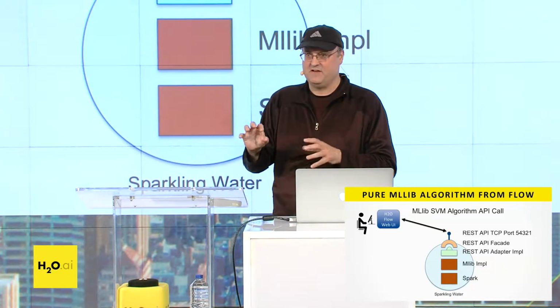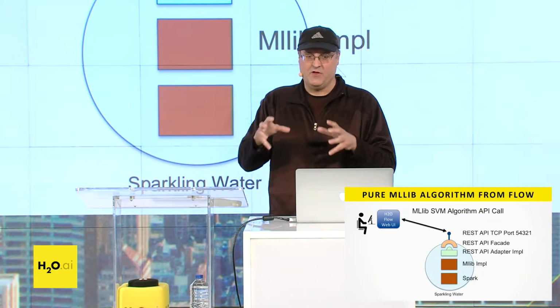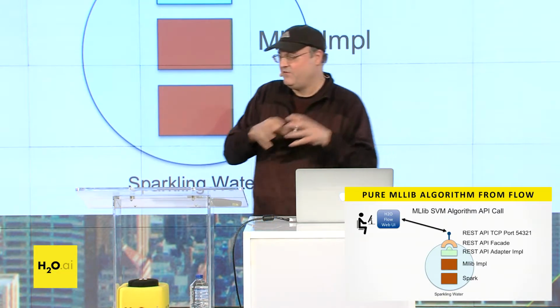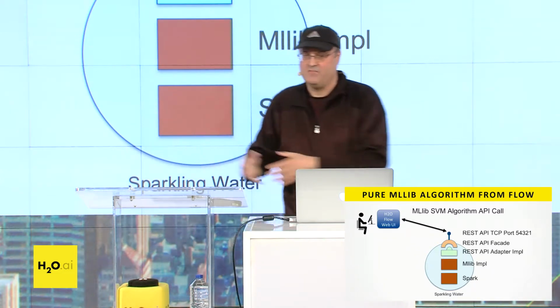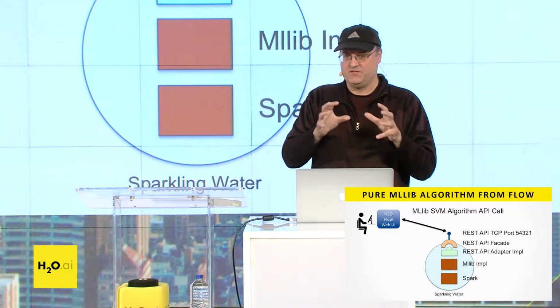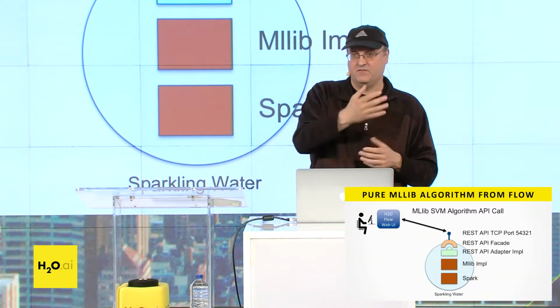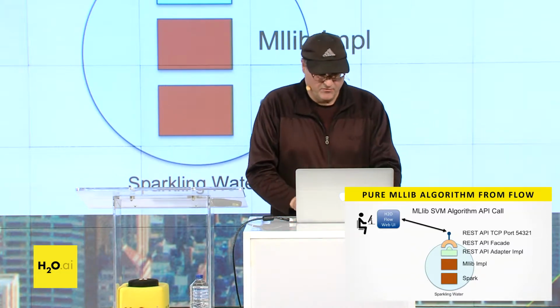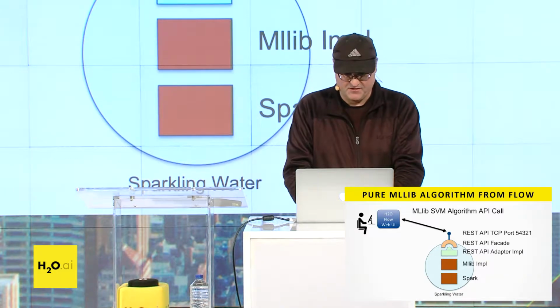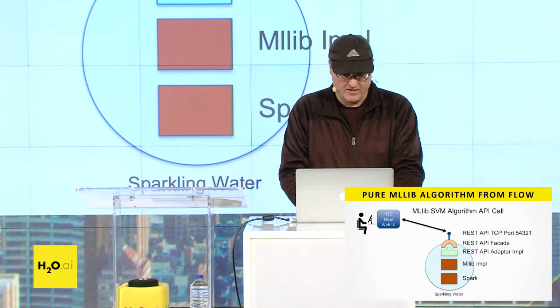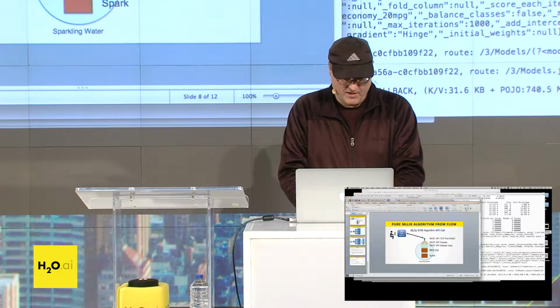That adapter, instead of going directly to H2O, now knows how to take that request, send it off to Spark, have the work be done, and then send back a response and tweak that JSON response so that Flow is able to see what it's expecting to see. And then the result of that is you're able to actually run an MLlib algorithm and take advantage of the Flow web UI. So with that, let me actually do that.